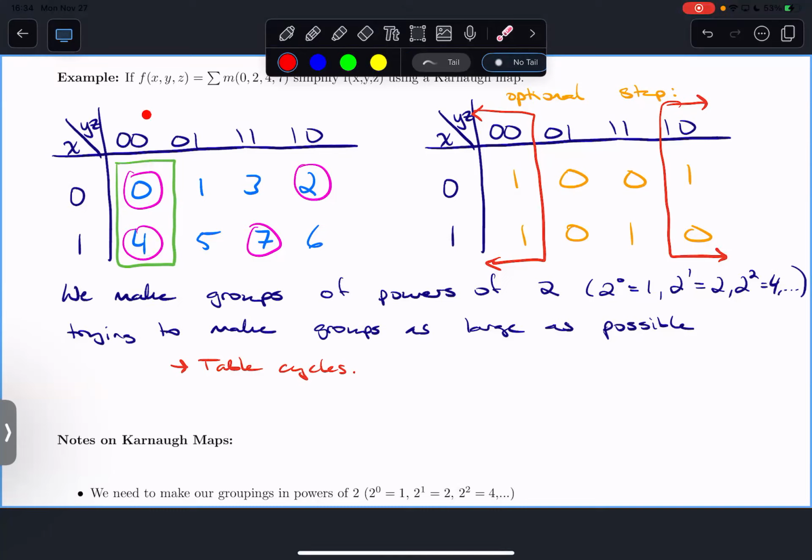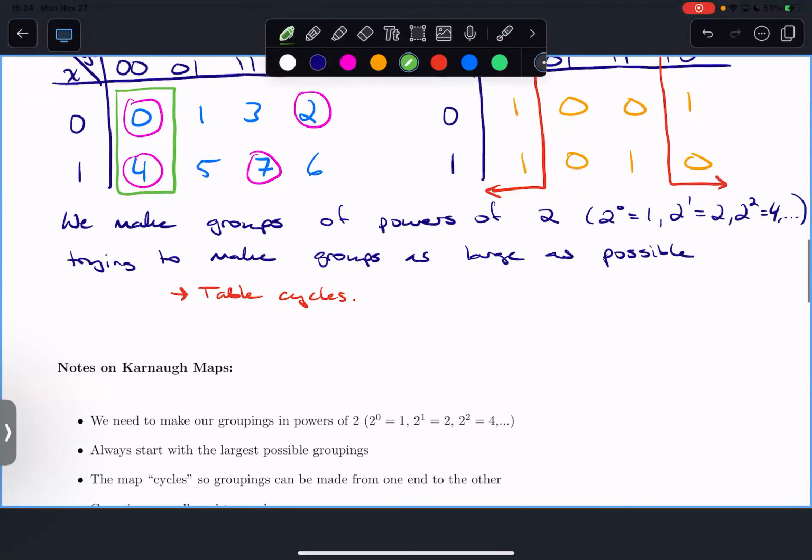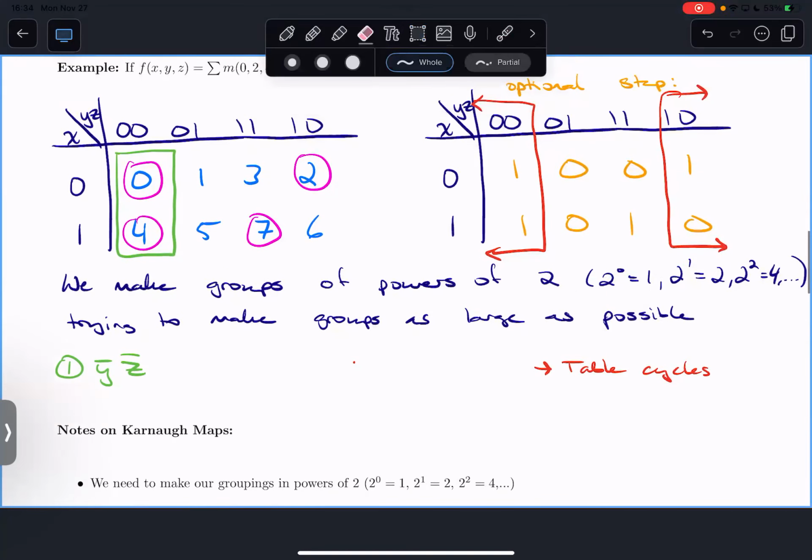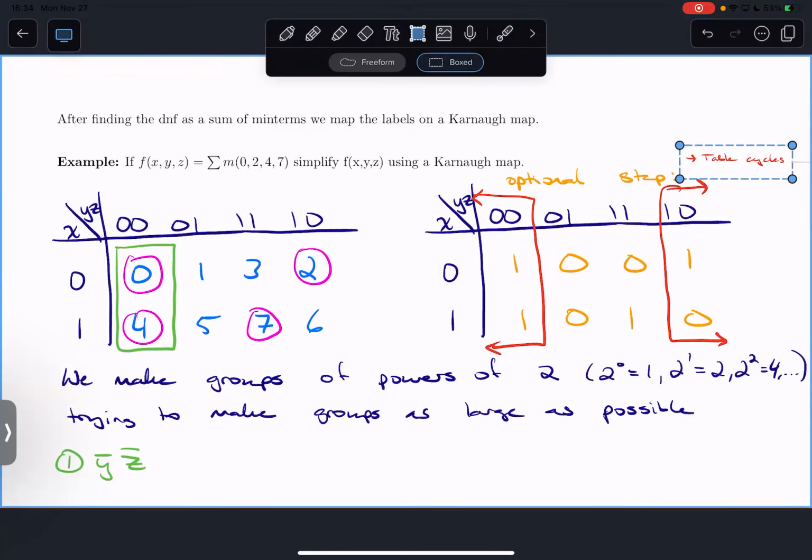And it doesn't matter what X is doing, regardless, Y is off, Z is off. And so what we're going to do is we're going to say, okay, here, 1, we can summarize as Y is off, Z is off. And maybe I'll put this closer to the red, but where? Smaller.